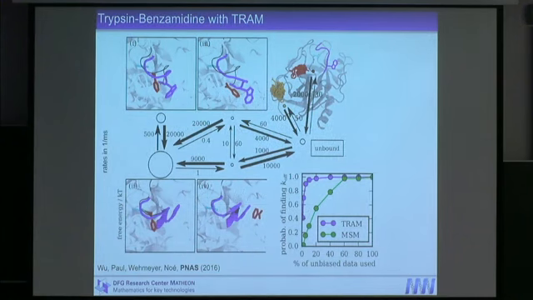I'm going to skip this, but this plot here shows that you can estimate the dissociation rate of a ligand from a protein, which is just fast enough that you can also do it directly, with only a small percentage of the data with the same precision as if you would use the full data.